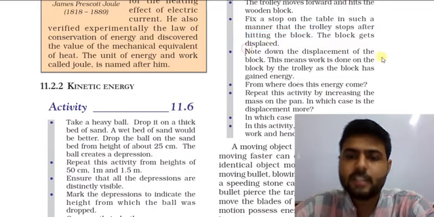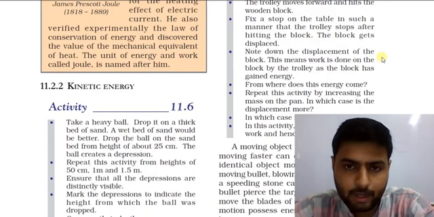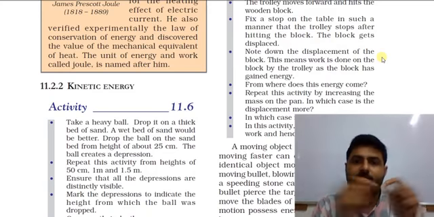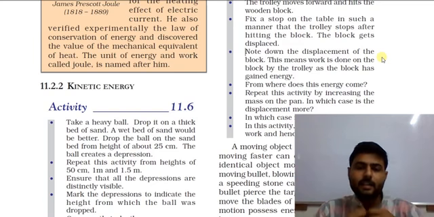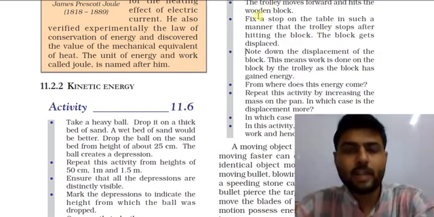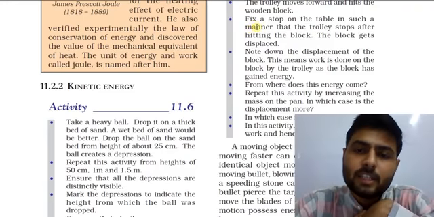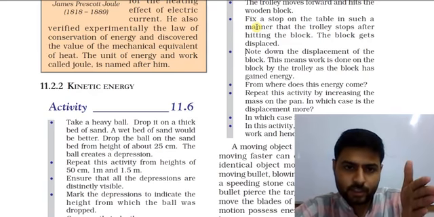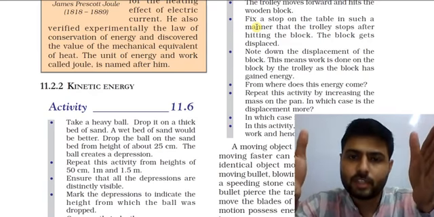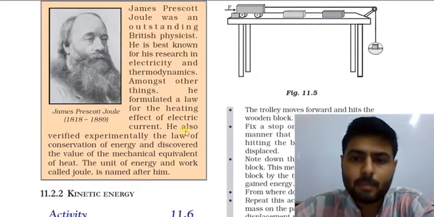Note down the displacement of the block. For example, the block displaced by 20 centimeter, 30 centimeter, 1 meter. So we have to note the displacement of the block. How can we measure the displacement of the block? We measure the initial position and the final position. We have to mark a fixed point on the block.